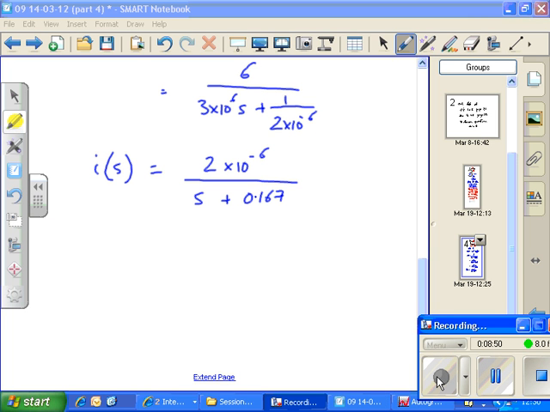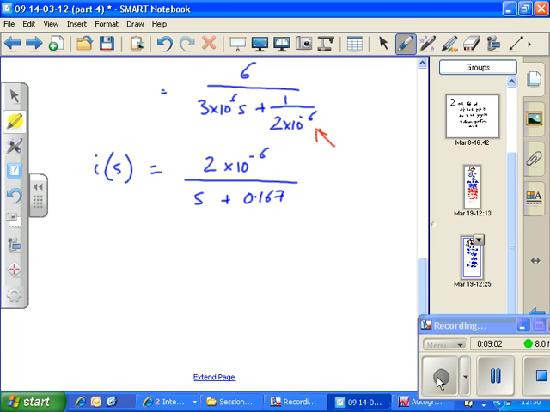This gives IS equals 2 times 10 to the minus 6 over S plus 0.167. Remember that if I'm going to divide this term here by 3 times 10 to the 6, we've effectively got 1 over 2 times 10 to the minus 6 times 3 times 10 to the 6. When we multiply numbers, we add the powers, so minus 6 plus 6 is nothing, so we end up with 1 over 2 times 3, which is 6, which is 0.167.